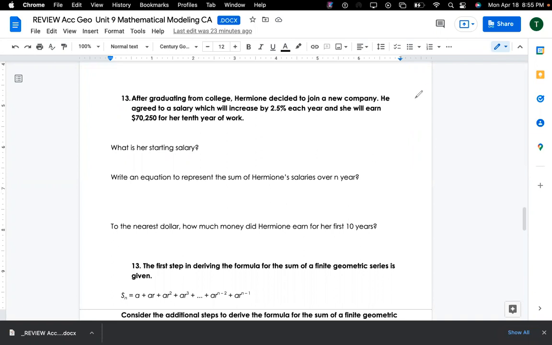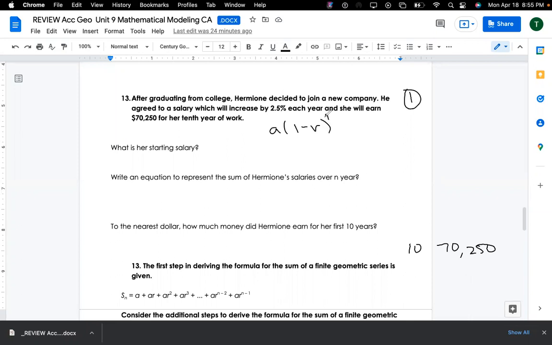So for instance, all right, she's going to have her first year, she makes such and such, right? In her 10th year, she's going to make $70,250. Okay. And she's going to increase by 2.5% each year. Okay. So we're going to use this little scenario.